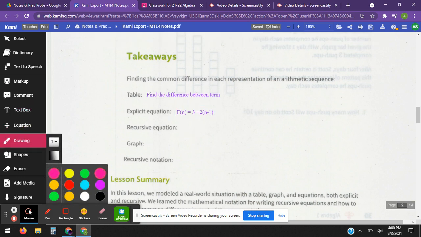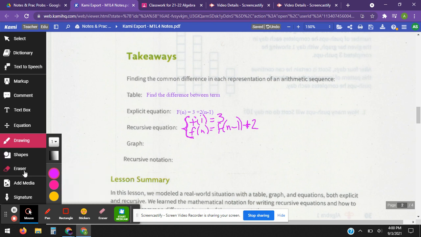I'll just put this one all in purple here. So we started with f of 1 was 3. F of n, our current, is our previous plus 2. So we need both of those to make this work.